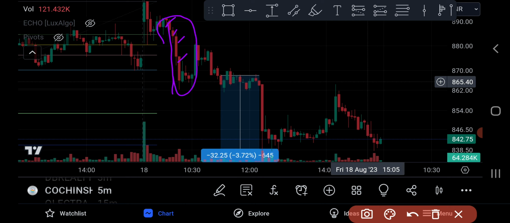All the candles are in red, like 5 candles continuously in red. After that, a green candle followed by a red candle. You would have entered the trade somewhere around this point, and again you could have ended up losing the money.